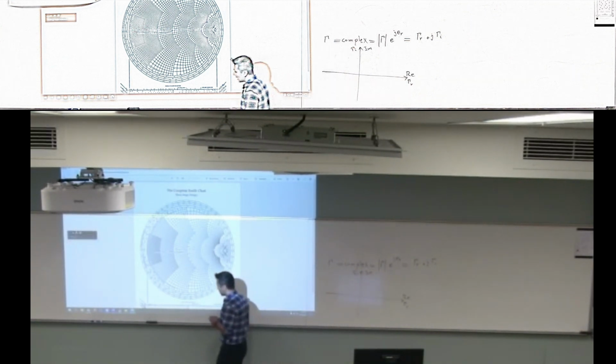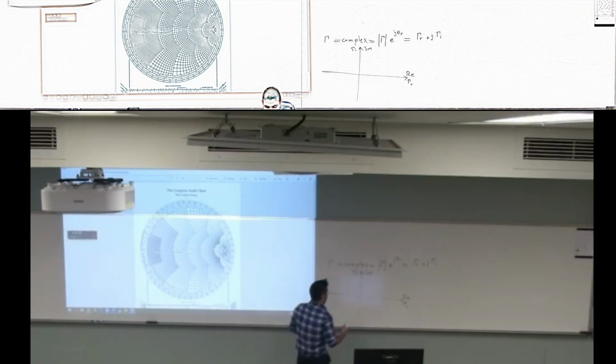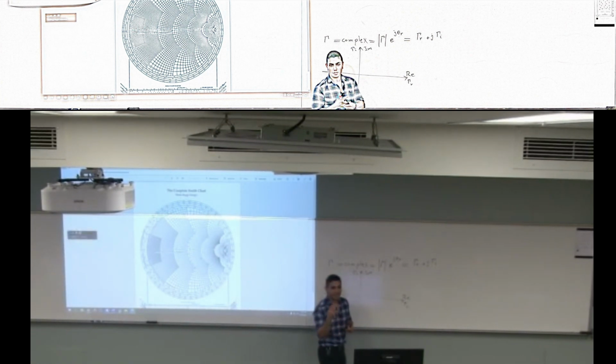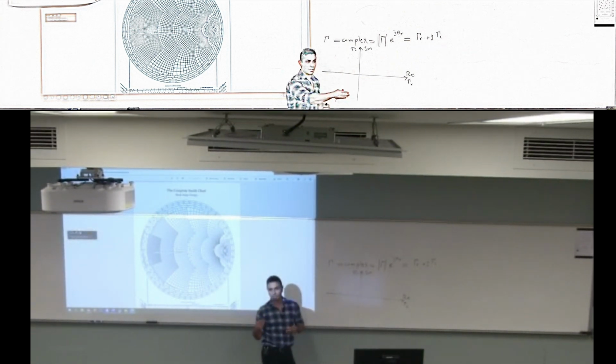However, logically, the absolute value of reflection in all of these circuits can't be more than 1. Why? You can't send in a wave and then receive something that's bigger.